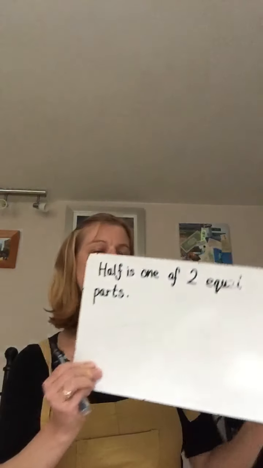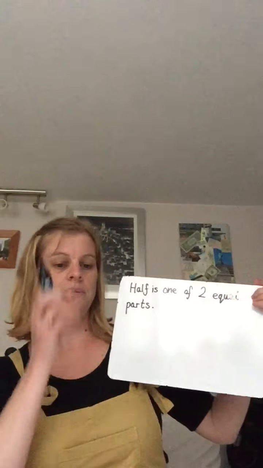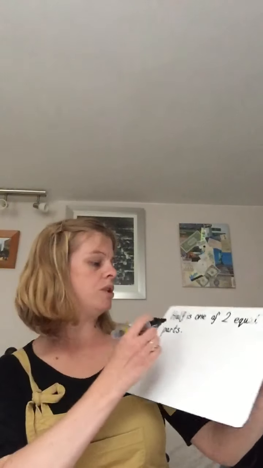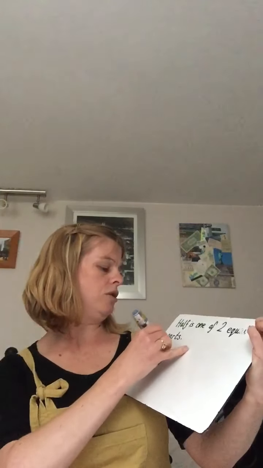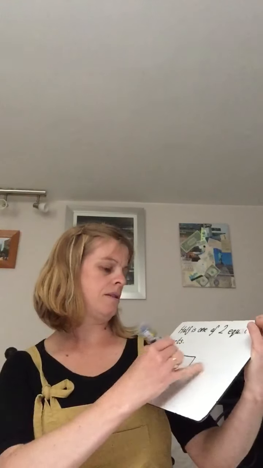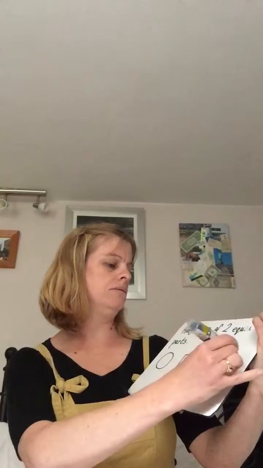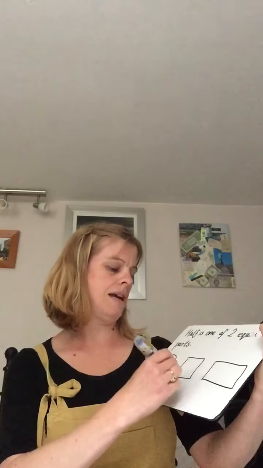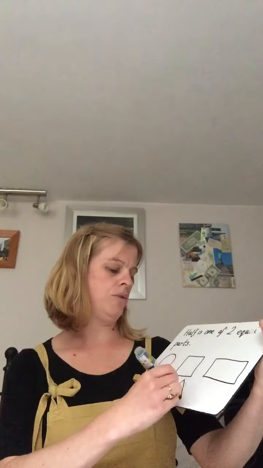Tricky one. Okay, here's what I want you to do. 2 things I want you to do. I want you to have a go at shading some shapes in half. So on your whiteboard, I want you to draw a circle, a square, a rectangle, and a triangle.